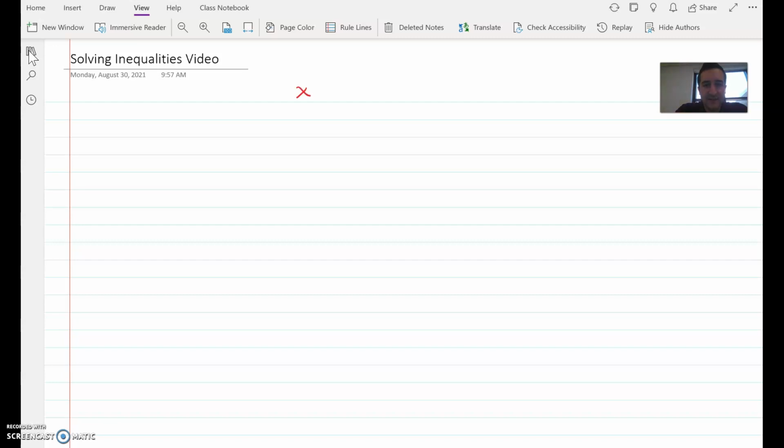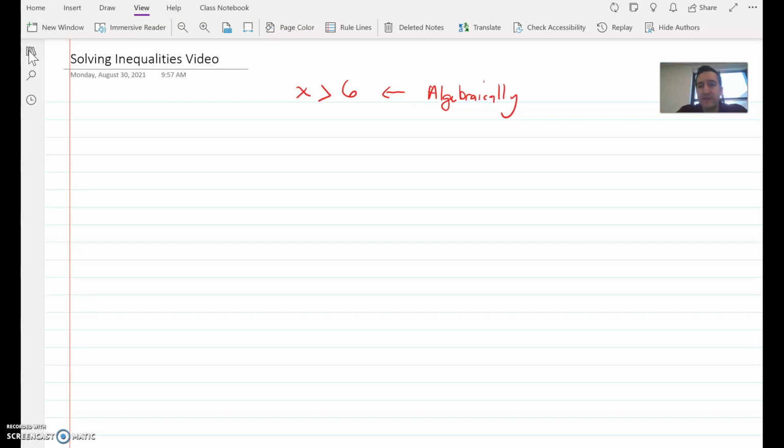So if x is greater than 6, then any number that is above 6 works. So literally 7, 8, 9, 10, 11, 12, all the way to infinity. So this is one way we can algebraically represent that. Algebraically is with x is greater than 6.